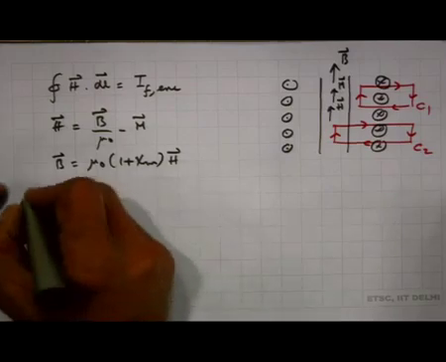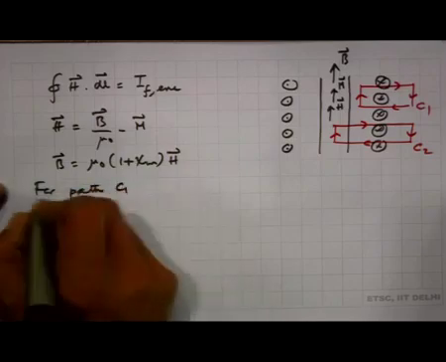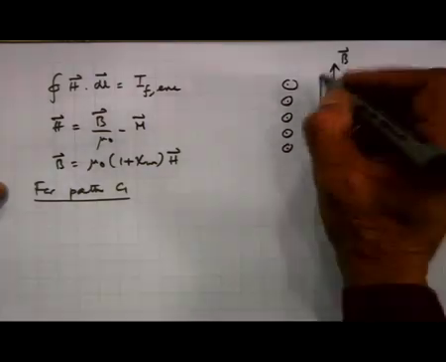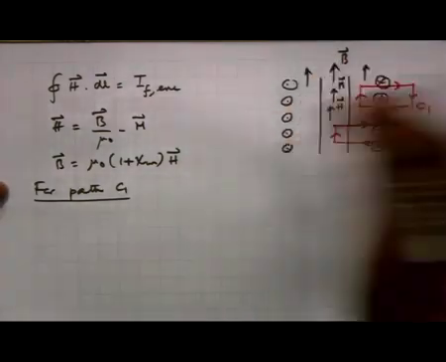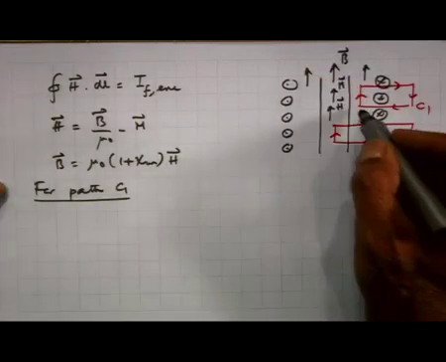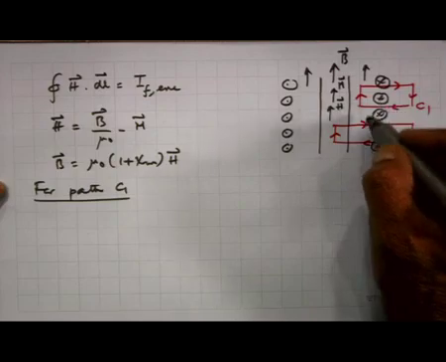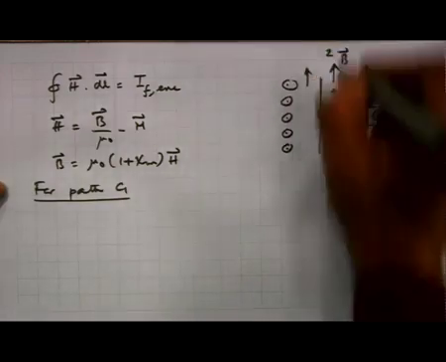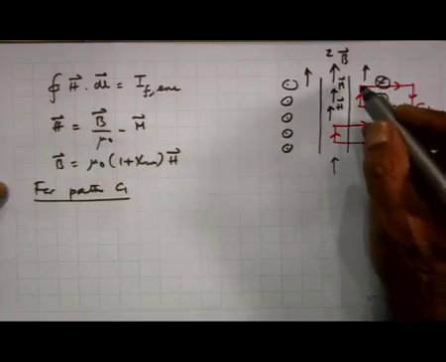Now, for path C1, of course there is a magnetic field here also. The magnetic field is everywhere within the solenoid, so this path does not enter the medium. I know the magnetic field to be along the z direction. The upward direction is the z direction. The magnetic field is parallel to the z axis.